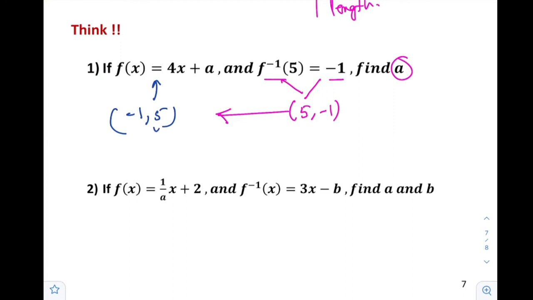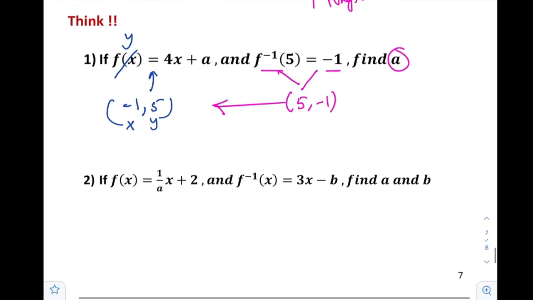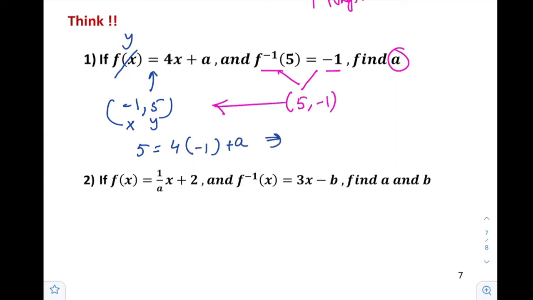That means this is my y and this is my x in the original function. Since we know that f of x is the same as y, we will replace. 5 is equal to 4 times negative 1 plus a. So simply now, 5 is minus 4 plus a. Add 4 to both sides. So a is 5 plus 4, which is 9.